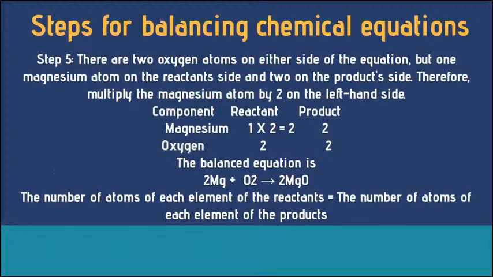On the product side again 2, and oxygen is 2 on the reactant side and 2 on the product side. So the balanced equation would be 2Mg plus O2 equals 2MgO. The number of atoms of each element in the reactants is equal to the number of atoms of each element in the products. So we have balanced this equation. But we have 2 more steps to do.